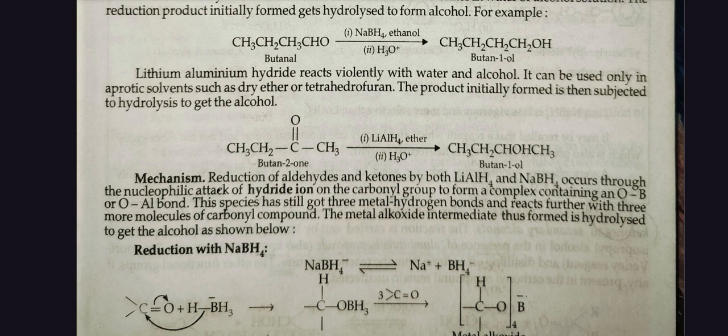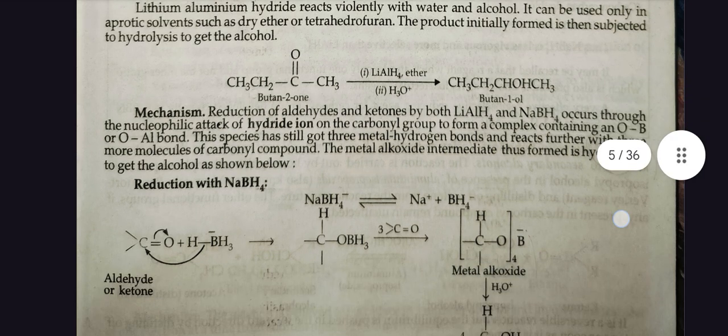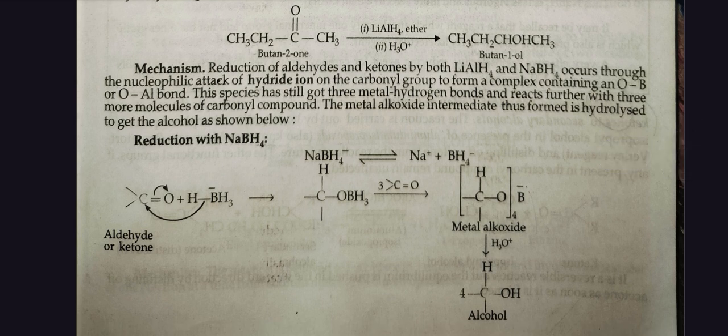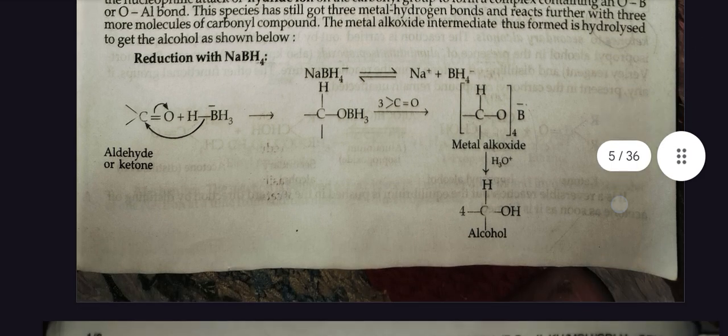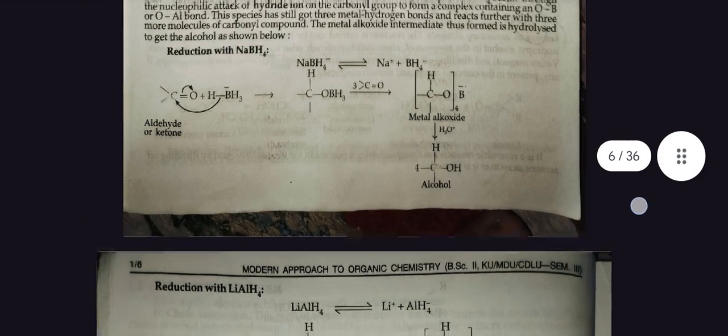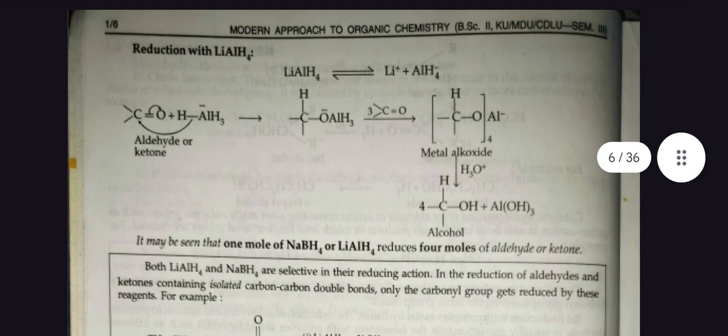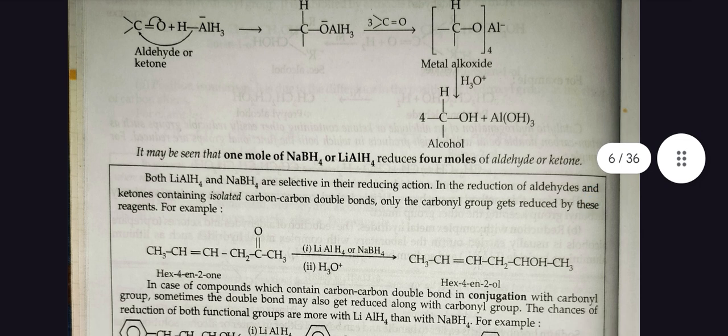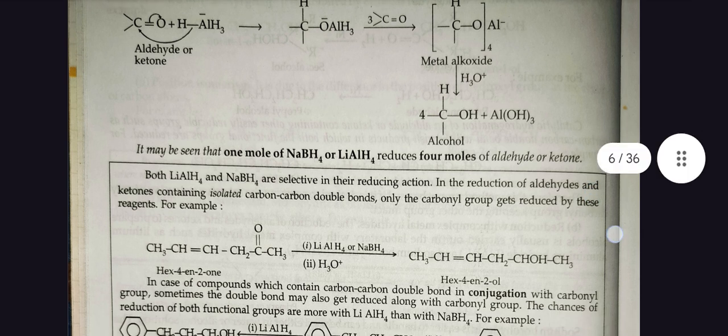The metal oxide intermediate thus formed is hydrolyzed to get the alcohol as shown below. Reduction with NaBH4, there is a mechanism. Reaction with LiAlH4, mechanism. It may be seen that 1 mole of NaBH4 or LiAlH4 reduces 4 moles of aldehyde or ketone.